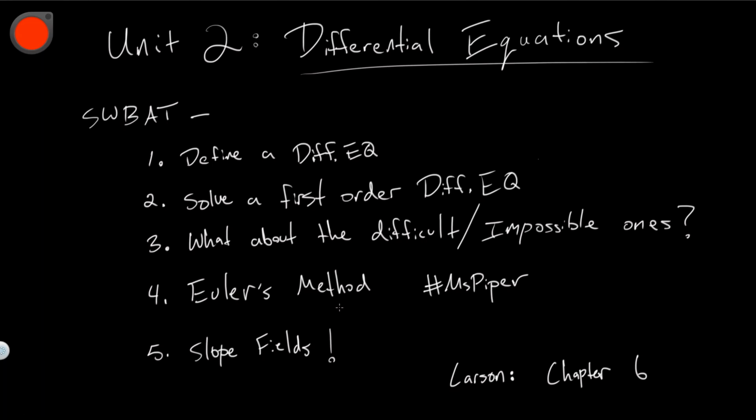We can use an initial condition and learn about other points approximately using the Euler method. And then we can also use slope fields to visually look at the solutions, and graph all the possible slopes and then find our curves within those slopes. This, once again, is in Chapter 6. And I am going to end the video now.